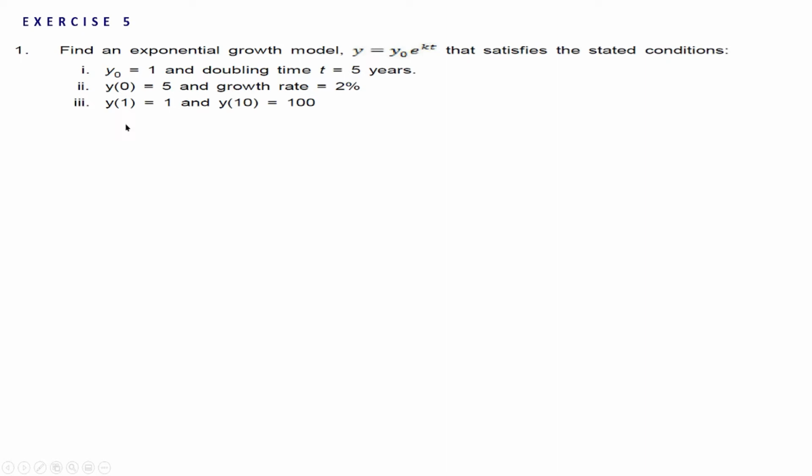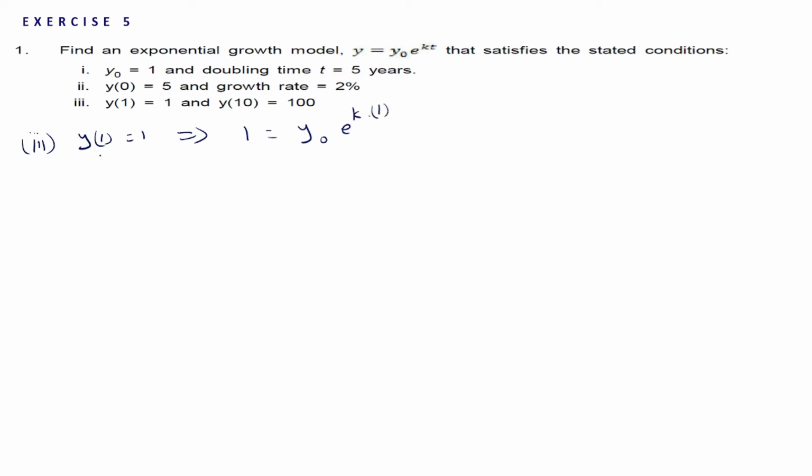The third subdivision: y of 1 equal to 1 and y of 10 equal to 100. Using these two conditions, we have to find the value of y naught and k. So the third subdivision, y of 1 equal to 1 implies 1 equal to y naught into e raised to k into 1.